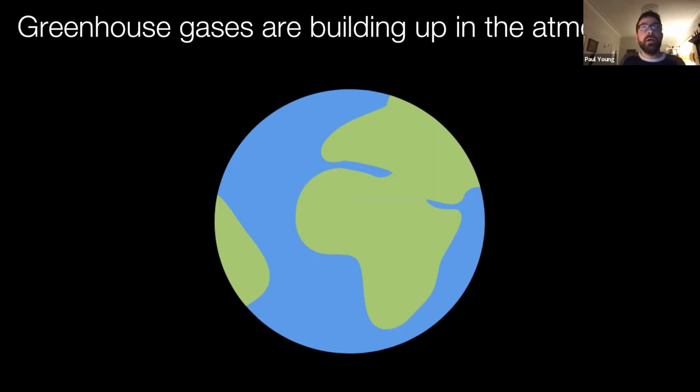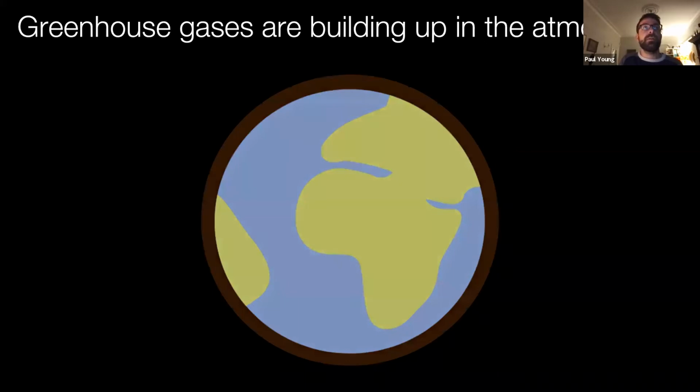And you can think of the greenhouse gases acting like a blanket on the Earth. Actually, without any greenhouse gases at all, the Earth would be uninhabitable. We'd have a temperature that would be 20 degrees below freezing, and liquid water would not exist, and there would be no life on Earth.